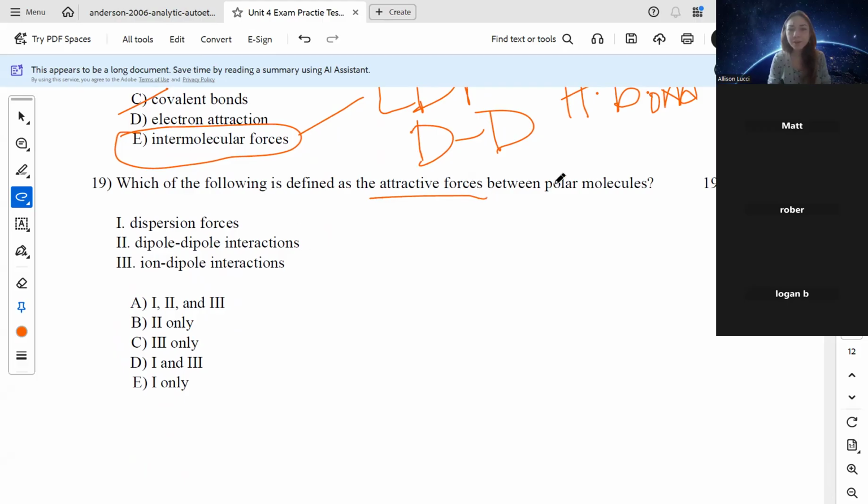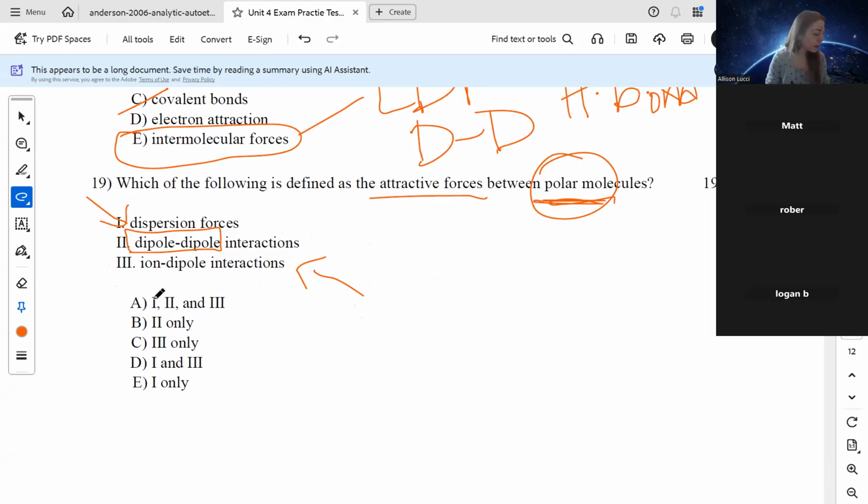So what's the attractive force between polar molecules? Remember dispersion forces, everybody has those, nonpolar, polar, everybody. Dipole, though, is specific to polar molecules. And when we talk about ion-dipole interactions, you would need an ionic compound or an ion, like sodium ion, and then a polar compound here.